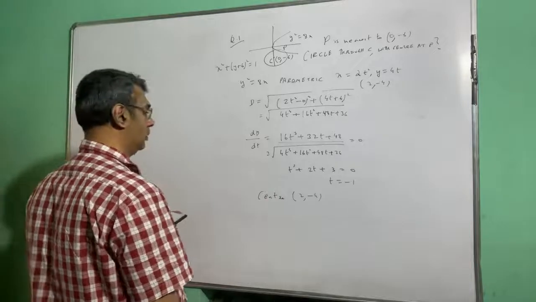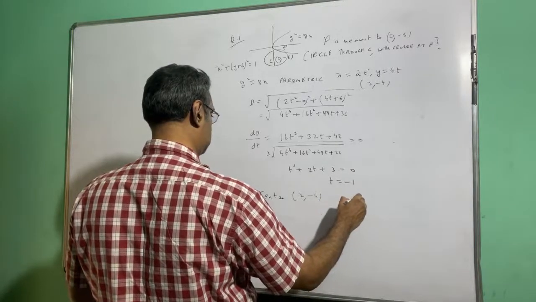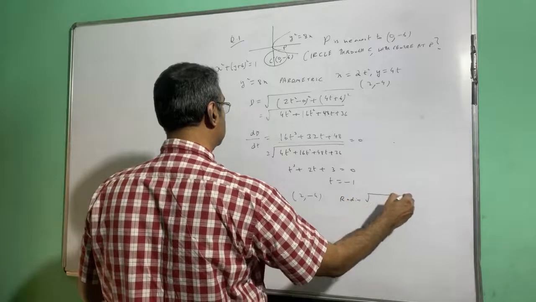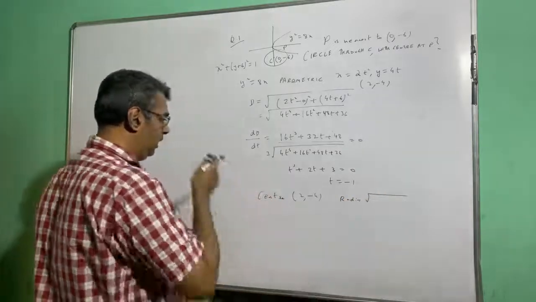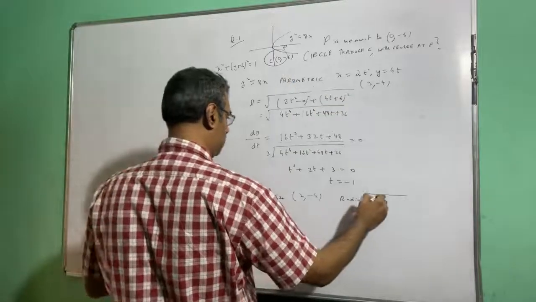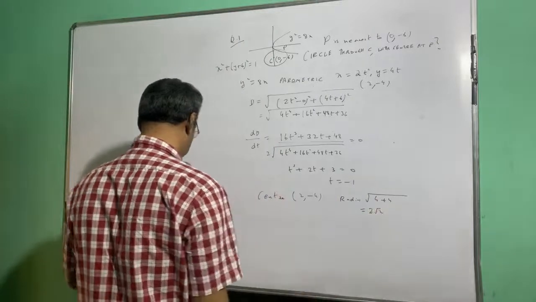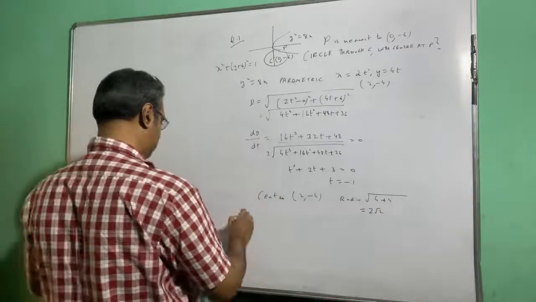So center 2 comma minus 4. And radius will be the distance from 2 comma minus 4 to 0 comma minus 6. So 2 root 2.